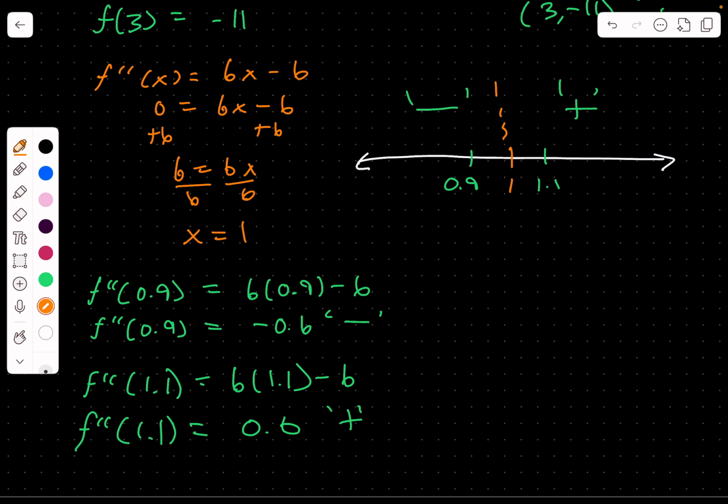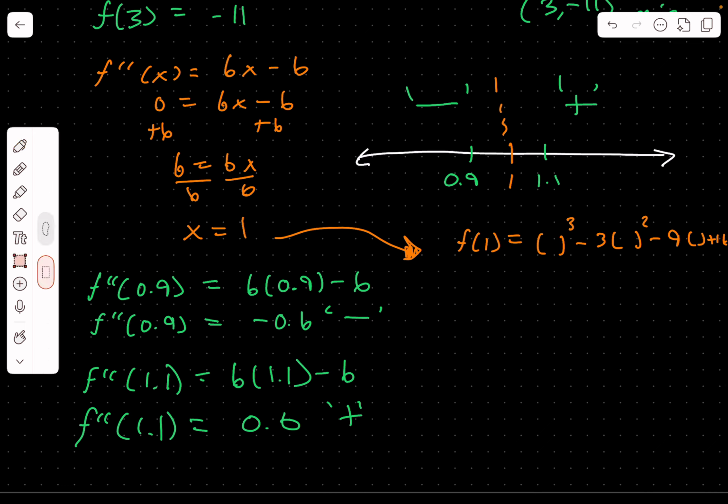We have the x value, let's find the y value. And of course, to find the y value of this guy, we just need to plug him into our original function. Let's do that now. f of 1 equals, our original function was x to the third power minus 3x to the second power minus 9x plus 16. Oops, that doesn't really fit.